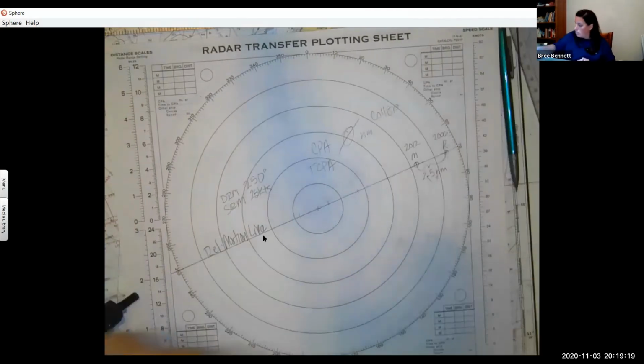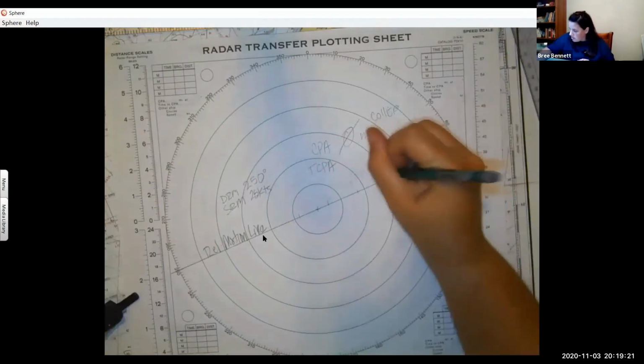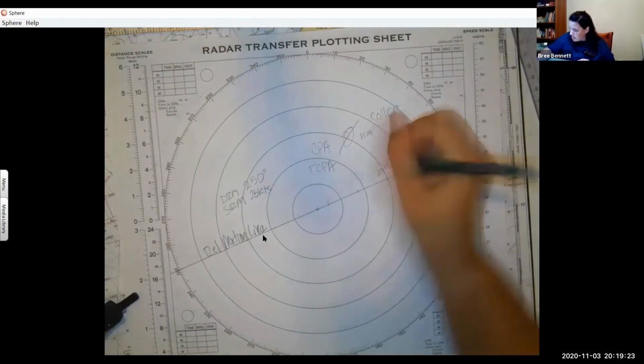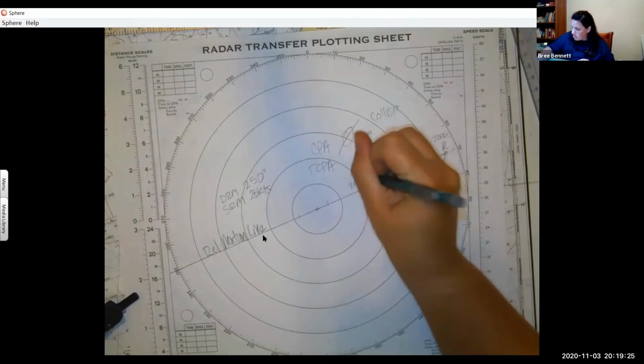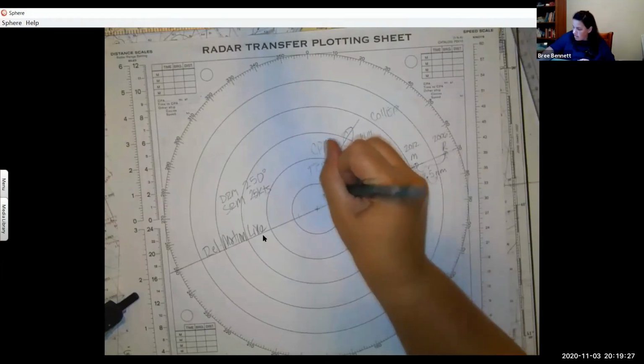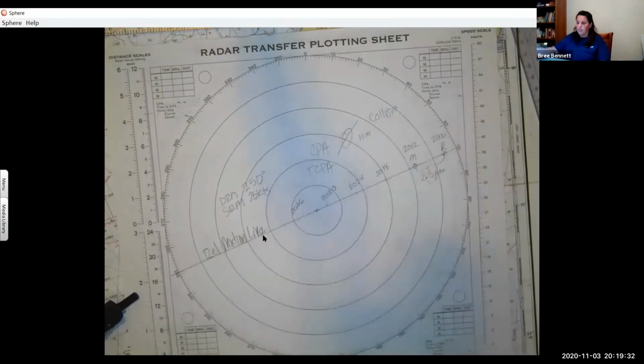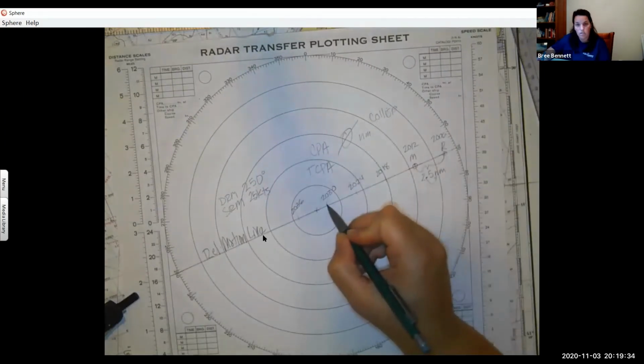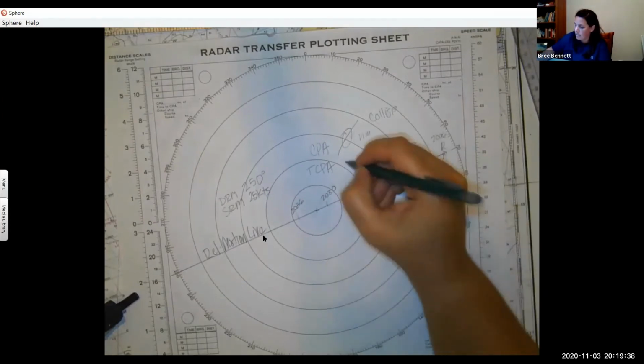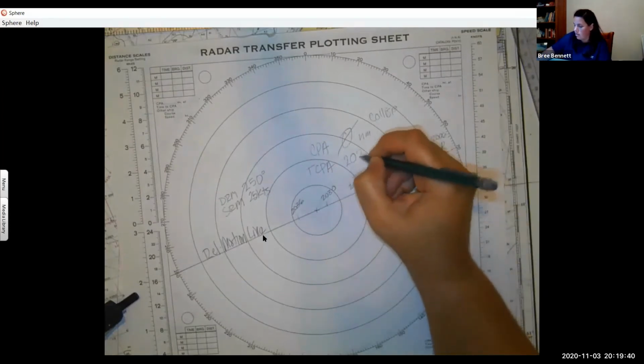Okay, so we had 2012, 2018, 2024, 2030, 2036. I'm going to say we're a little bit closer to our 2030. So I'm going to say our time of CPA is 2032.